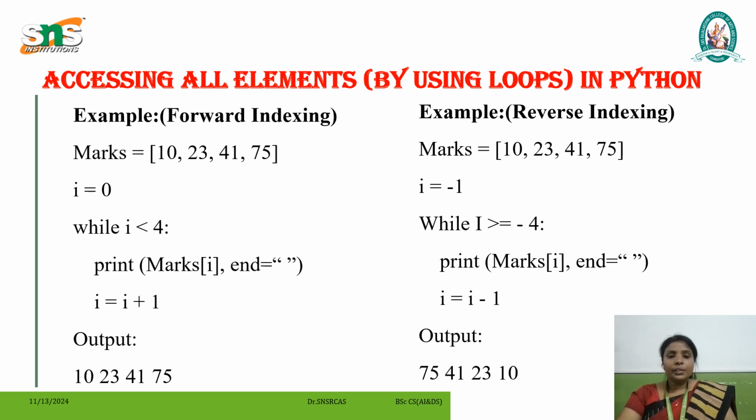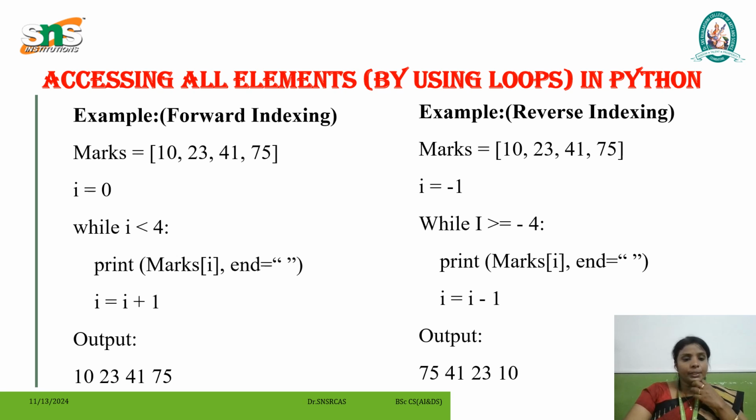Here the list name is marks, and the elements are 10, 23, 41, 75. These are all the elements present in the list. Here we initialize i equal to 0. Then we check the condition, while i is less than 4. If the condition is true, print marks[i], and then i is equal to i plus 1.